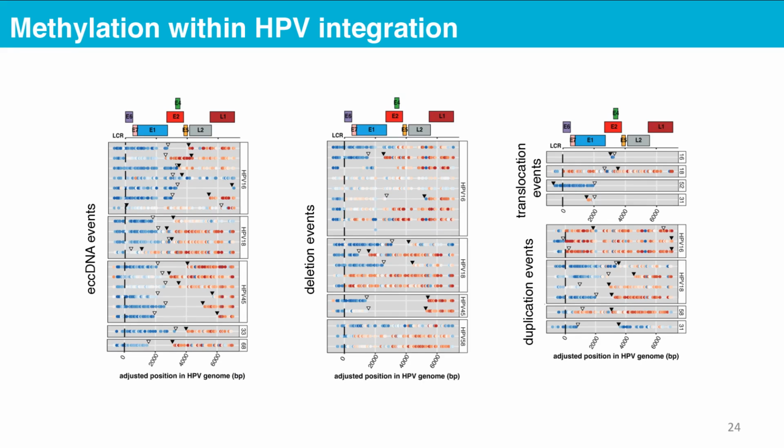These are all zeroed at the LCR, the position of the HPV, and the dots shown across the row are CpG methylation results. So each dot is a CpG, and when they are blue, they're unmethylated, and when they're red, they're more methylated. So blue unmethylated, red more.